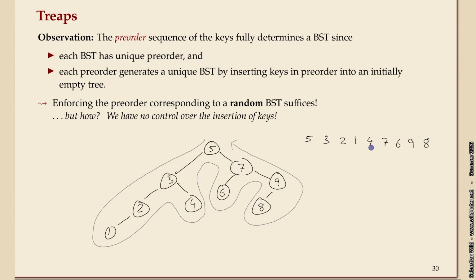There's many insertion orders that generate the same tree, because after the 5, whether I do the 3 first or the 7 first is invisible to the tree. They're split, and so now it doesn't matter which I do first. But pre-order is one such insertion order, and that means it uniquely determines the binary tree shape, because I can always regenerate the tree by running through this from scratch and inserting.